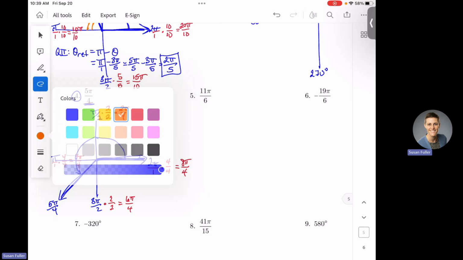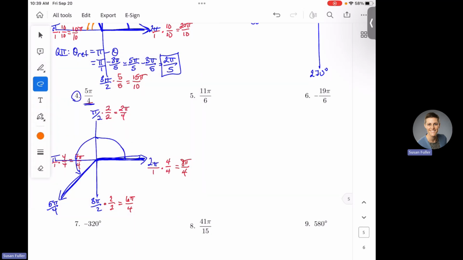Now we have to figure out what its reference angle is. Where is my reference angle, the smallest angle between my terminal side and the x-axis? Yep, it's this guy here between my terminal side and the x-axis. We're above that terminal side. That's my reference angle, theta ref. And we have to figure out how much space is between there.